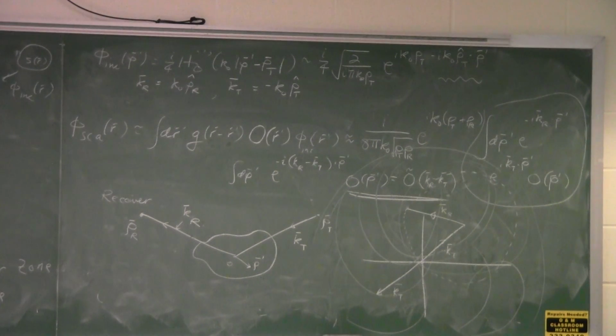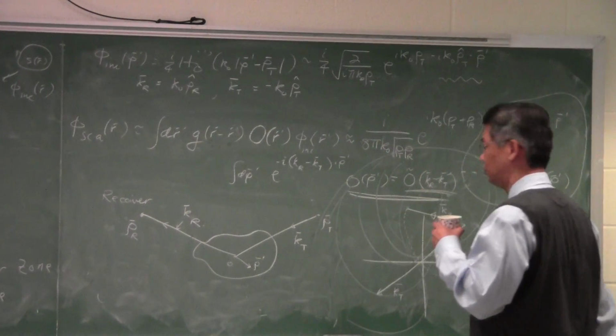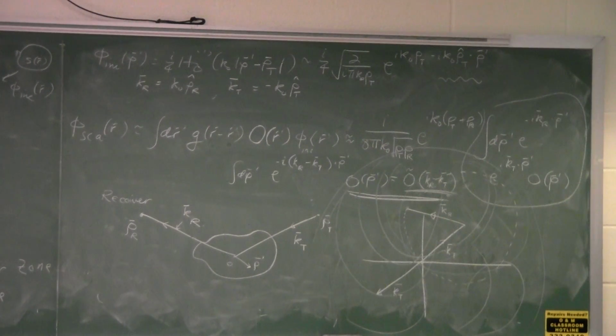It's based on the fact that the far field is a Fourier transform of the object function, but transformed according to this manner, the difference between these two K vectors, the K vectors of the transmitter and the receiver. So it's not as nice as the Fourier slice projection theorem, but it's still very nice.